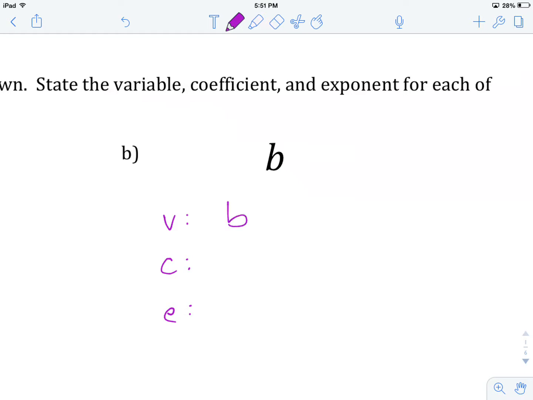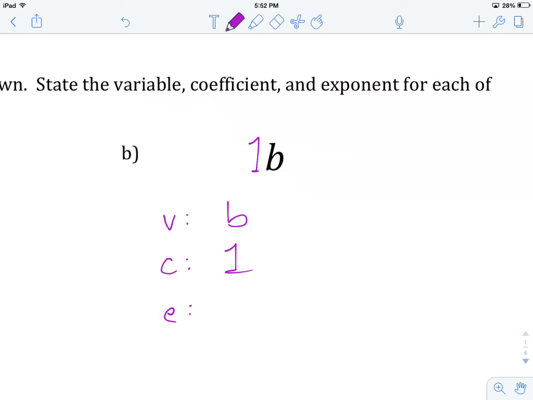Now our coefficient, if you recall, if you don't see a coefficient out front, it's going to be a 1, and I'll write that in there. So that is actually 1b. Again, we just don't bother to write it, because if there's any b there at all, there must be at least one of them. So mathematicians, because they're very efficient, are just not going to bother to write the 1. It's implied. We are going to write it explicitly, though, as our coefficient. So our coefficient is going to be 1, and our exponent, same thing.